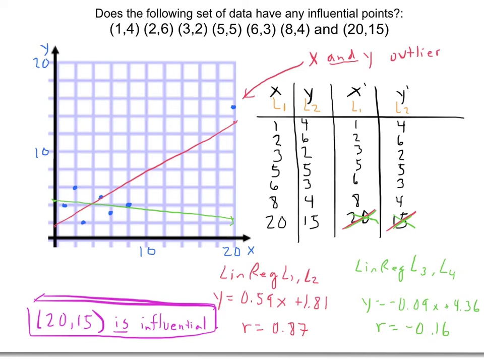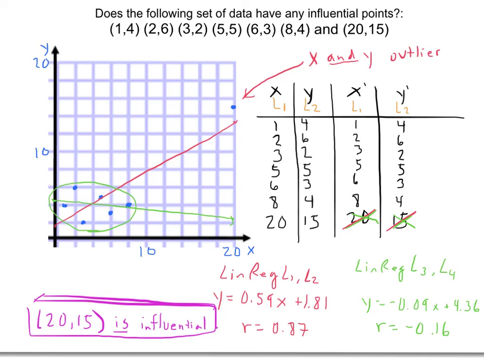But without that point, we just more or less had a cloud of data down there. And it was kind of hard to tell, is it trending up, is it trending down? So that was a weak correlation, slightly negative. But with that influential point, it turned into a strong correlation.